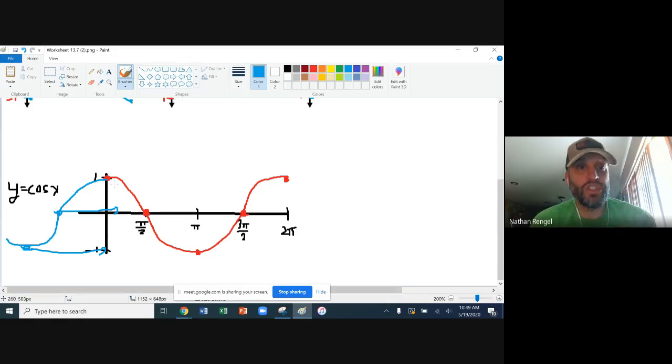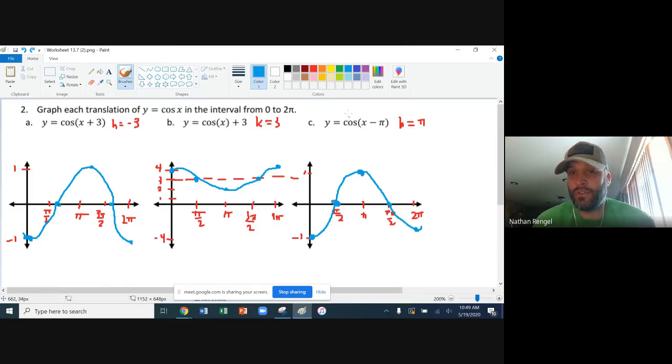So each point gets shifted pi units to the right, and all you're going to see then is a negative cosine. So this is what's called a trig identity, that y equals cosine x minus pi is the exact same as the graph of negative cosine x, because I'm just starting at the minimum and then I'm going up to the maximum. It's just a basic reflection of the cosine graph.